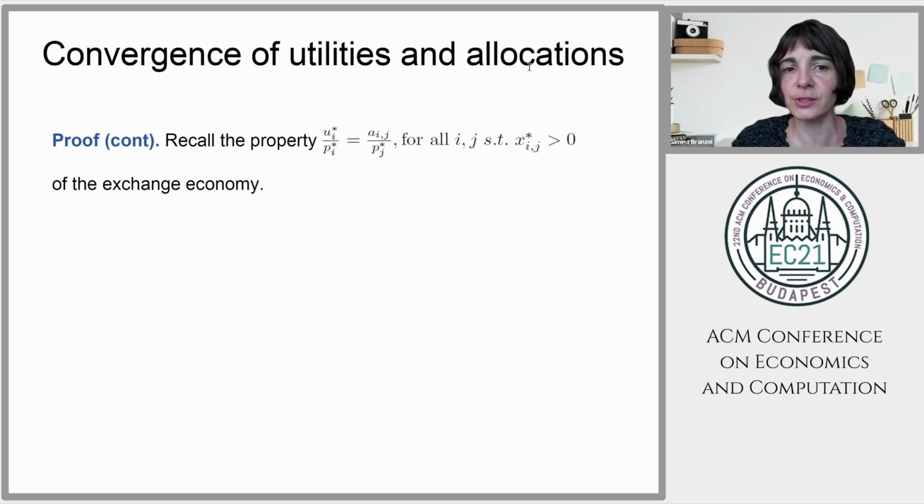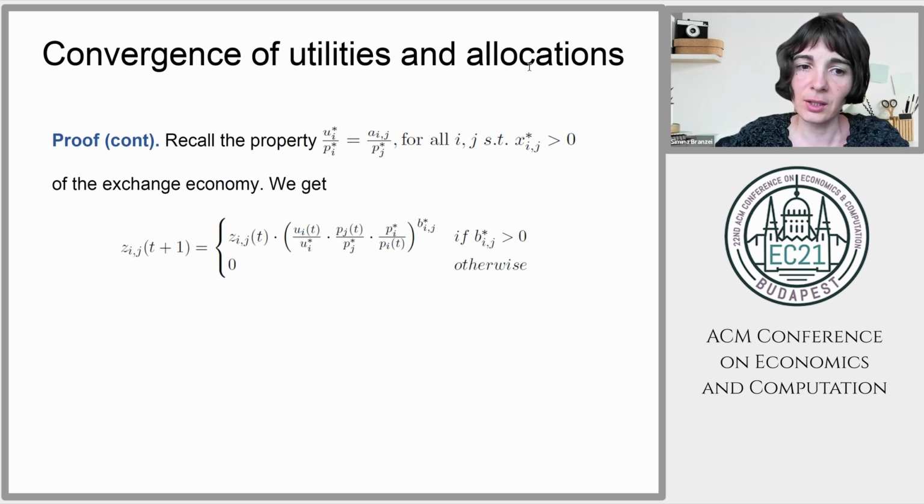Recall we had the property of the market equilibrium that u_i star over p_i star is equal to a_ij over p_j star for all i, j where the spending of player i on good j was non-zero in the equilibrium. And this enables us to rewrite all these terms. So if we look at z_ij of t plus 1, then we can write it as a function of z_ij of t times some extra term.